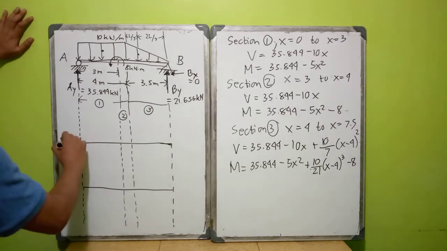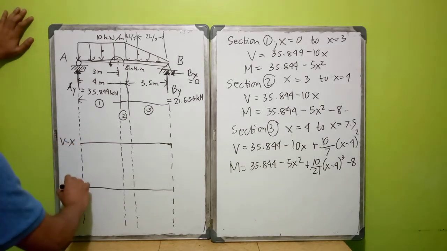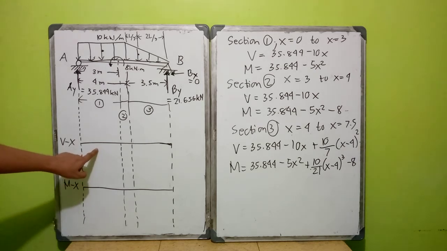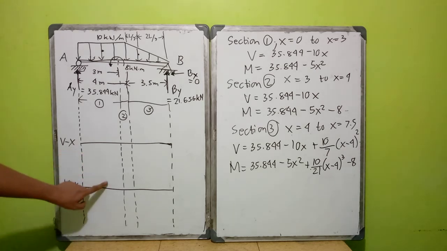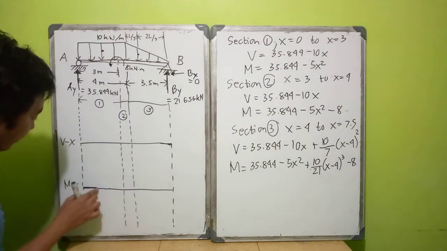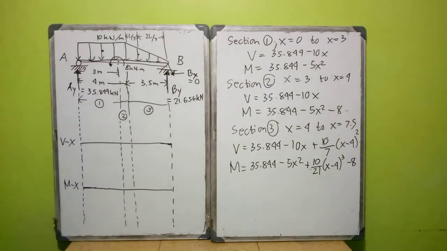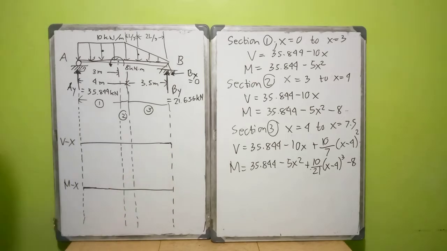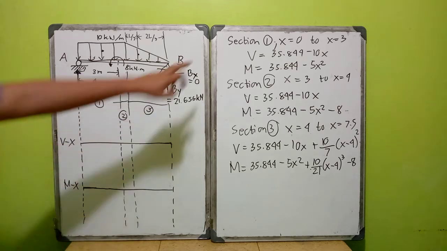This is your Vx diagram, and this is your moment diagram. Shear and moment diagrams. So this will be your zero line, the line in which the values will be zero. First we'll go to section 1.